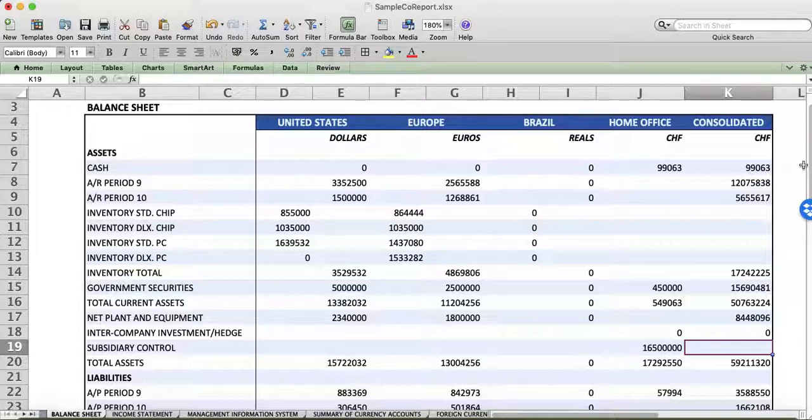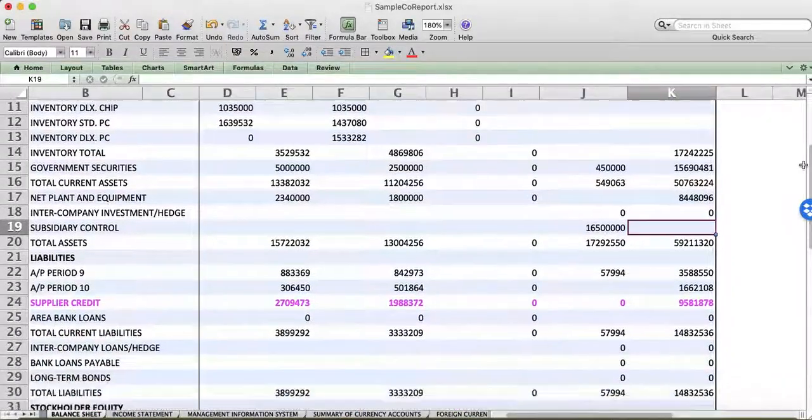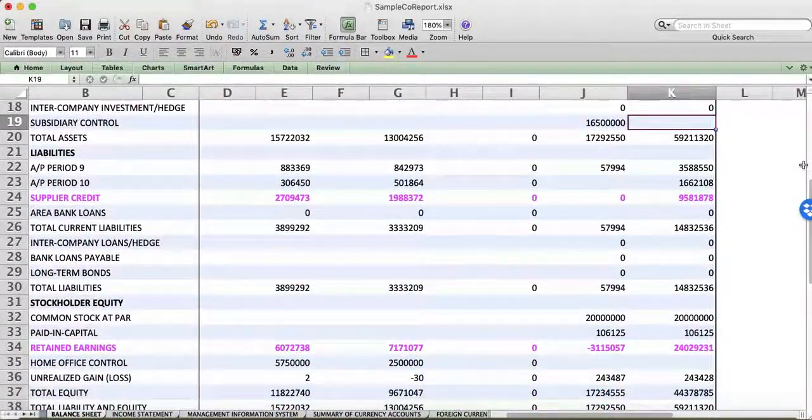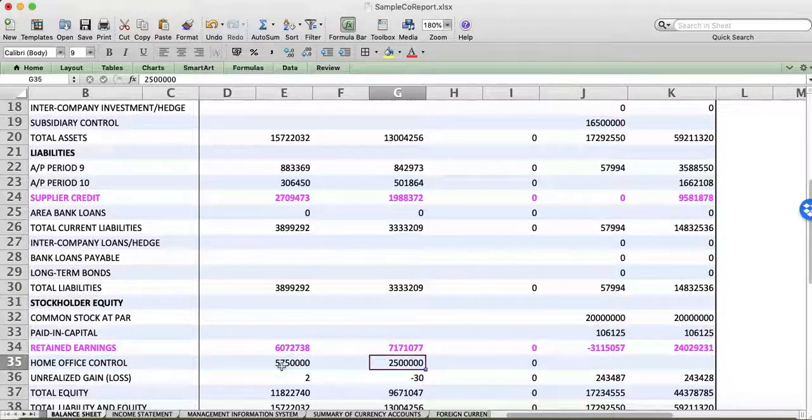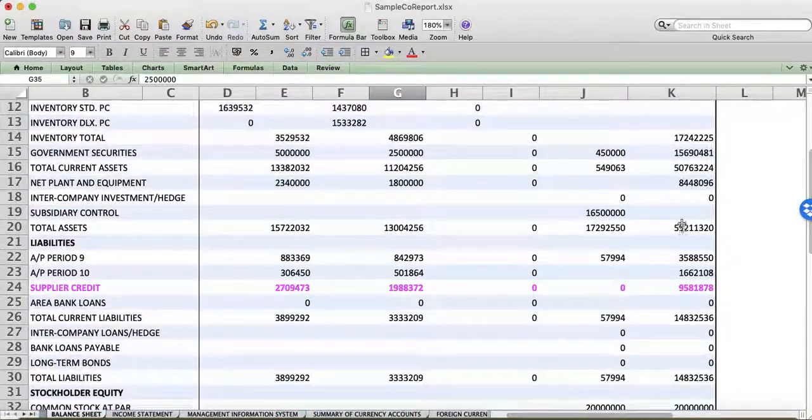Why? Because this is cancelled out in the home office control at the bottom of the balance sheet, because this figure, 16.5 million Swiss francs, is actually the exact counterpart of these equities present in the US and in Europe, or I should say was at the time of the investment, because there could be fluctuations in currencies afterwards.